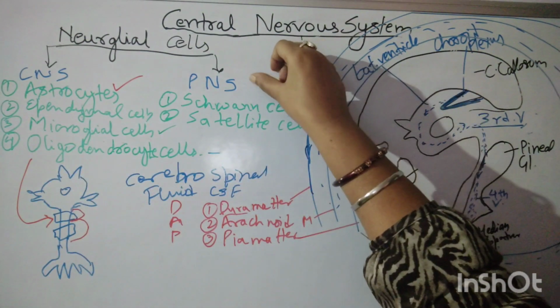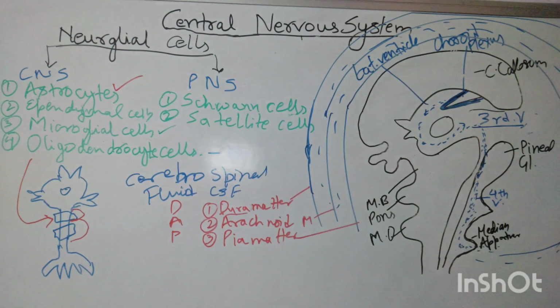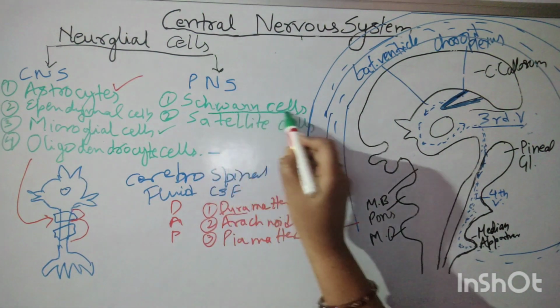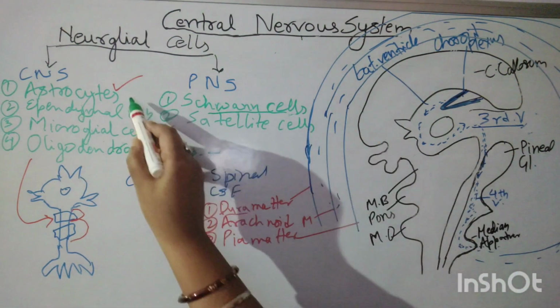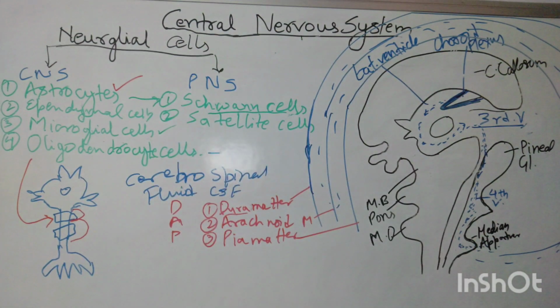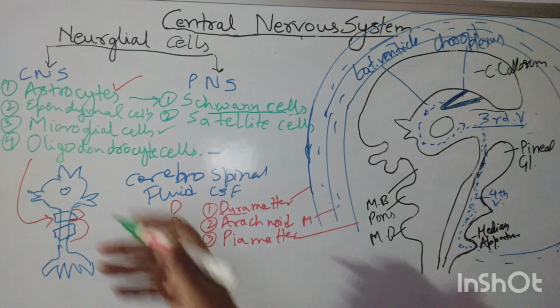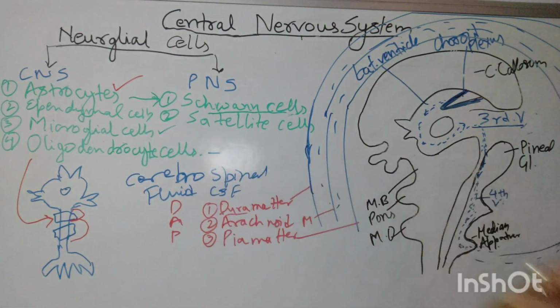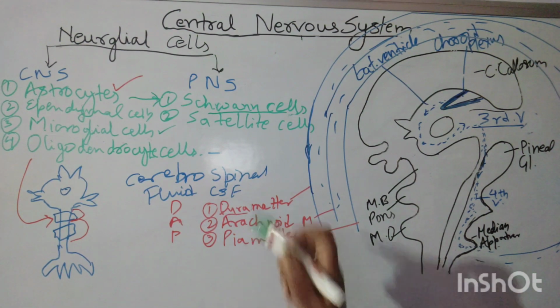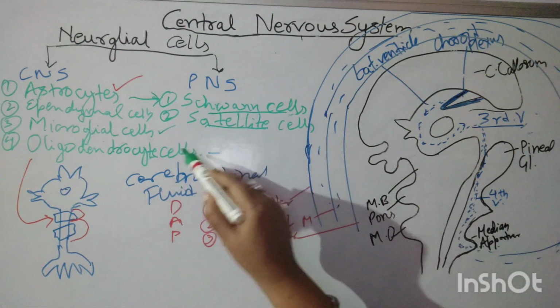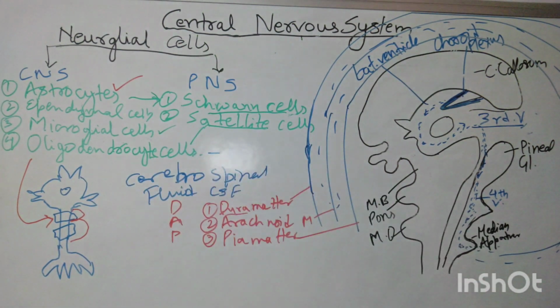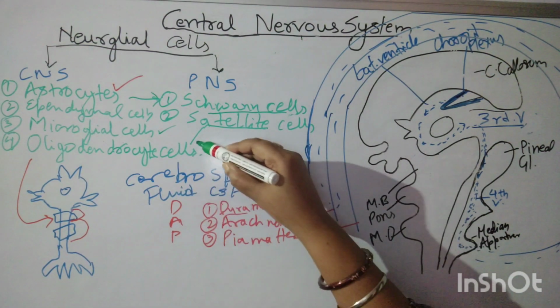Now see the peripheral nervous system, there are two types of cells. Schwann cells are similar to astrocytes, meaning they do what the astrocytes do: they provide the blood-brain barrier, nutrition and support. And the satellite cells are similar to oligodendrocyte cells, they perform a similar activity.